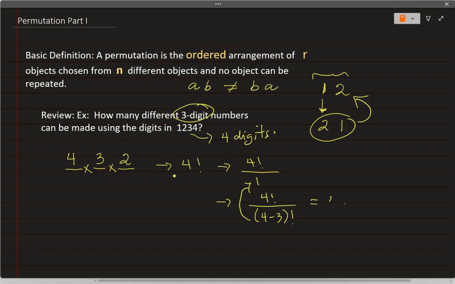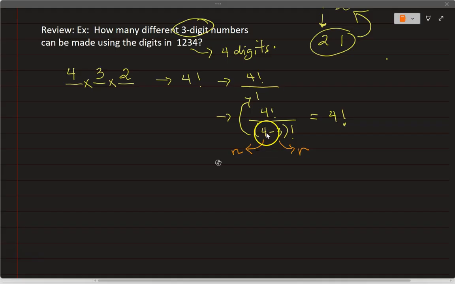And that would also give me 4 factorial, okay? Now, what was 3? 3 was R and 4 was N. Okay, so I can rewrite this as N factorial over N minus R factorial.